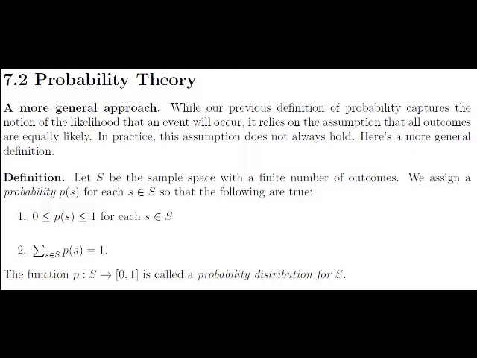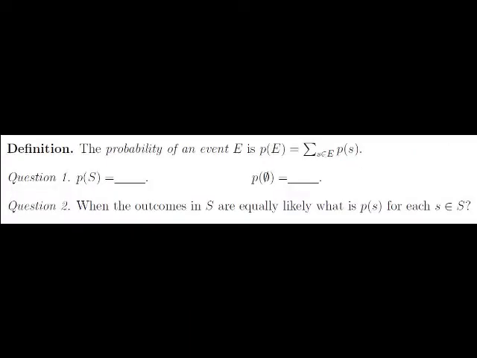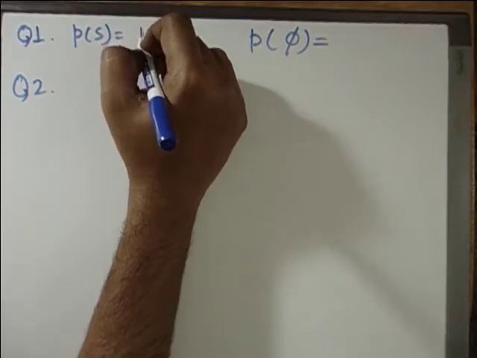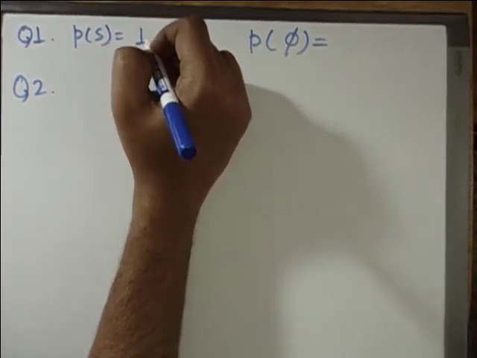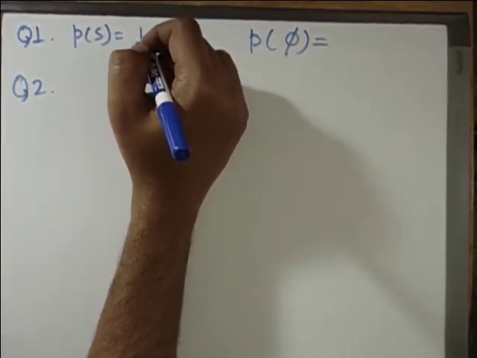So let's go to the definition. If you have an event E, then the question is, if S is the sample space, what is the probability of the sample space? We just learned that is 1. And what is the probability of an empty event?